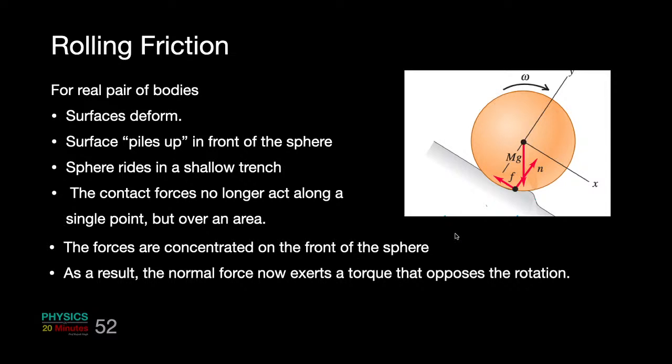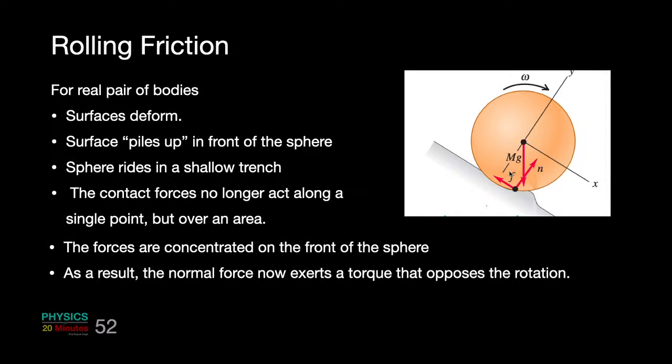If you roll a football on the ground, after traveling some distance, it comes to rest. So this is the reason, and this phenomenon or this effect is normally referred to as the effect of rolling friction. It is small, but it is there. It is there enough to stop the rolling bodies eventually.